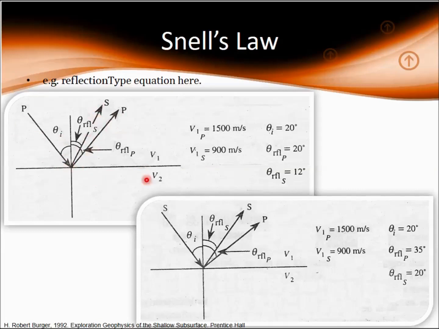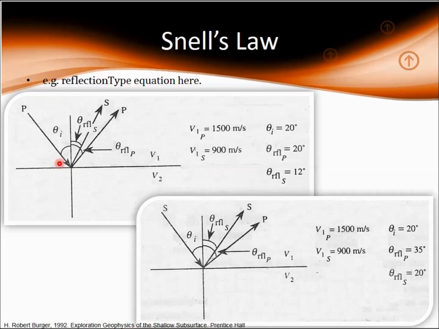As far as velocity is concerned, the P wave is always faster than the S wave, hence the angle of the reflected S wave will always be lower than that of the P wave. According to Snell's law of reflection, the angle of incidence will be the same as the angle of reflection, depending on the type of wave that strikes the interface.